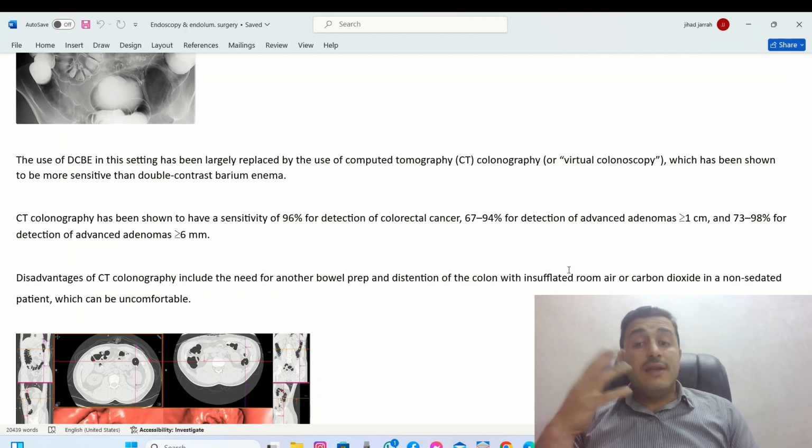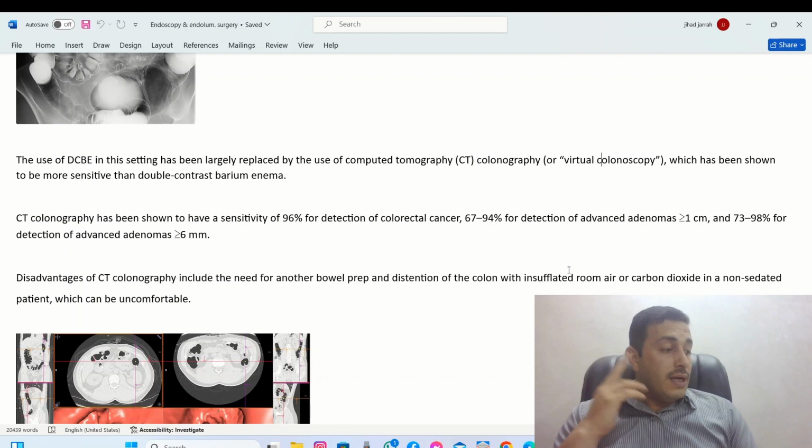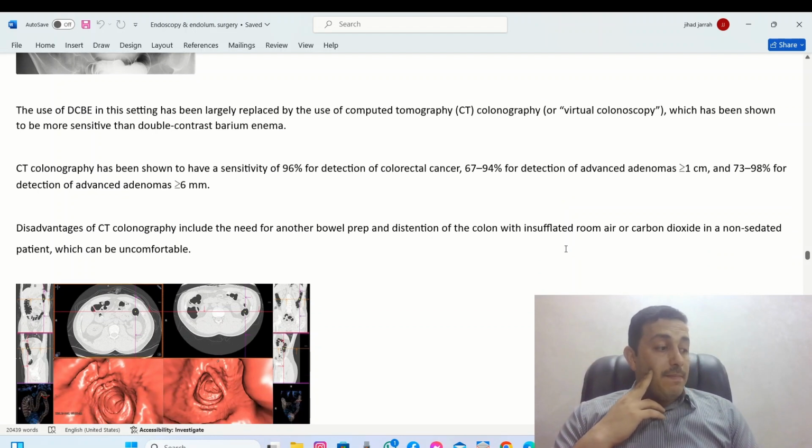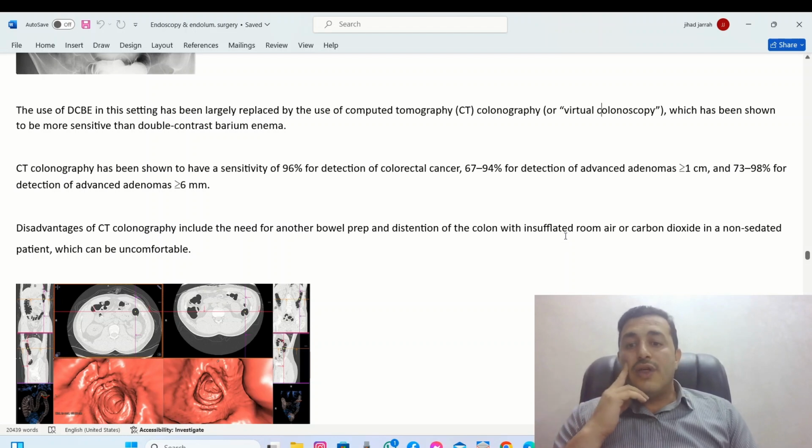It's costly. Not all radiologists can actually read and understand the image; it needs a kind of experience. Plus, the CT colonography requires insufflating the bowel, which may be inadequate.